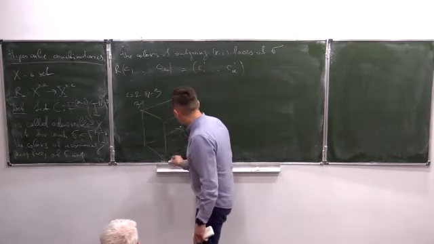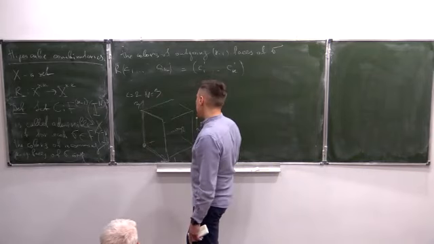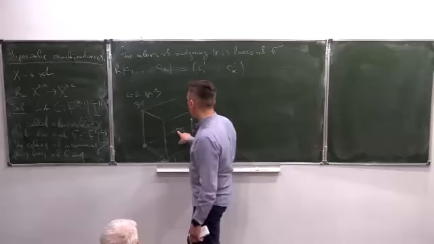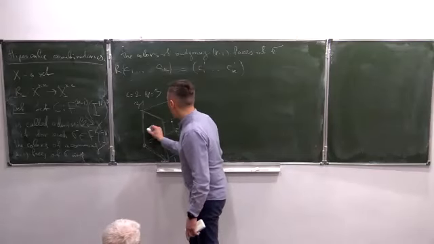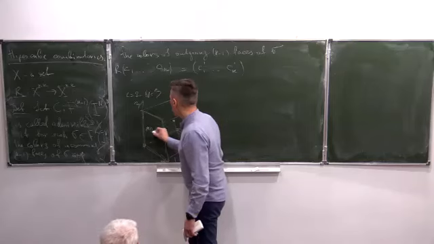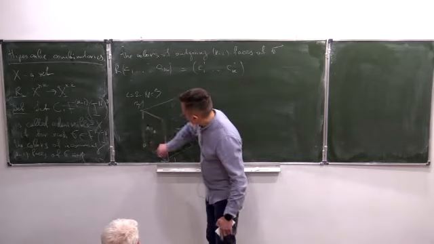For example, this face here is the face with the second variable 0, so it is star 0 star.